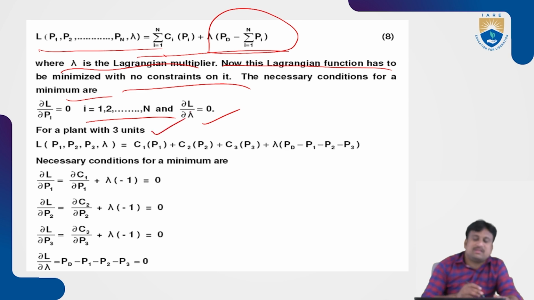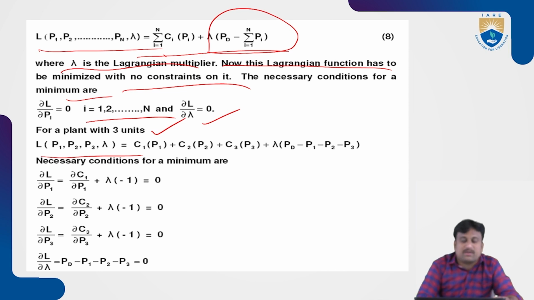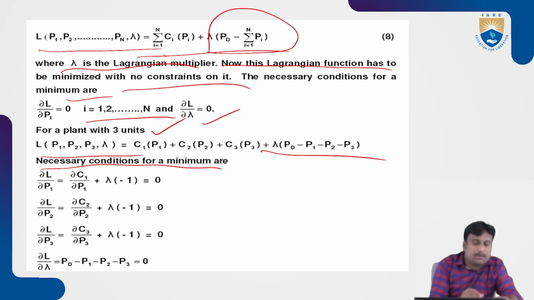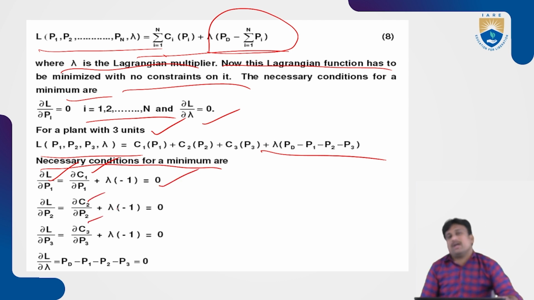So for a plant with 3 units, L of P1, P2, P3, lambda is C1 P1 plus C2 P2 plus C3 P3 plus lambda times Pd minus P1 minus P2 minus P3. The necessary conditions for the minimum are dou L by dou P1, which equals dou C1 by dou P1 plus lambda of minus 1, equals 0; dou L by dou P2, which equals dou C2 by dou P2 plus lambda of minus 1, equals 0.